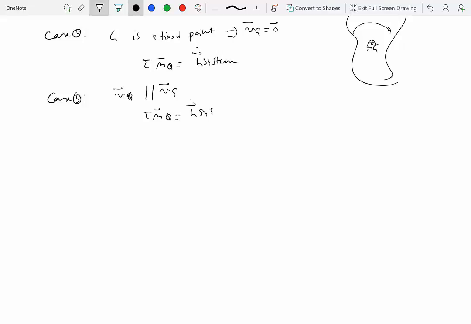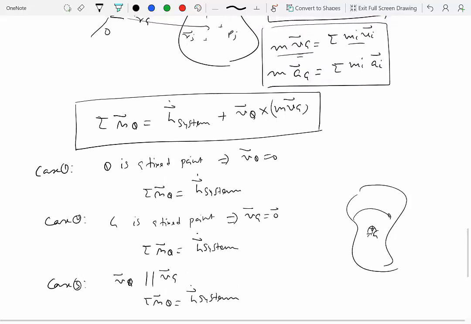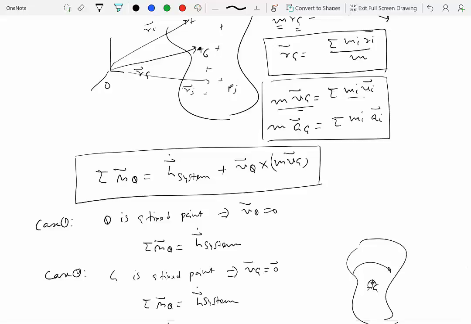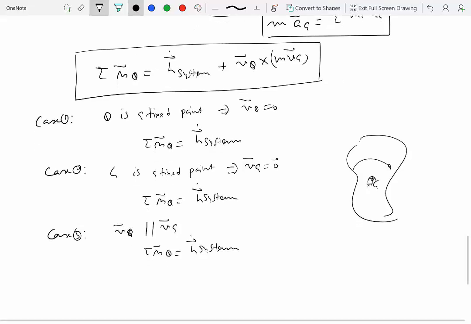Then also you get sigma MQ equal to H dot of the system. So from this relationship, what is emerging is a statement of conservation of angular momentum. Just as we had conservation of linear momentum in the absence of an external force, now one can say that if there are no external moments acting on a particle or a system, which means that the moment of all the external forces is equal to 0, then H dot of the system is 0 as well.